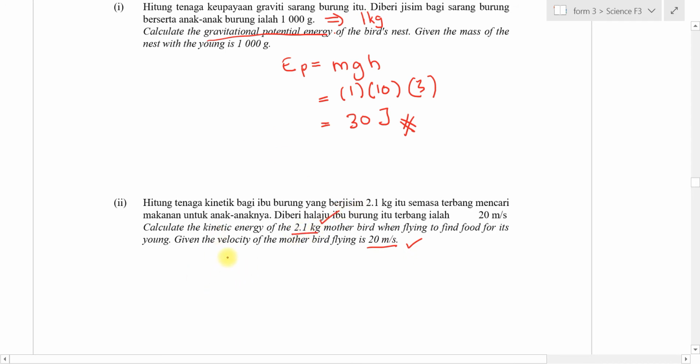Okay, that's good. So let us plug in the formula. Kinetic energy is equal to half mv square. So half, the mass was 2.1 kg and the velocity was 20, and don't forget to square it. Sometimes you square it here but you do not square it on your calculator. So beware of this kind of mistake.